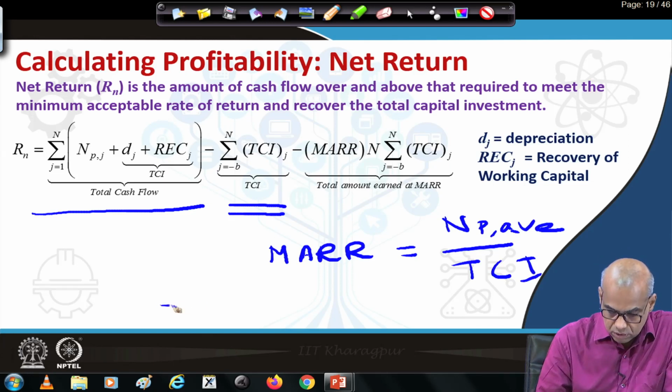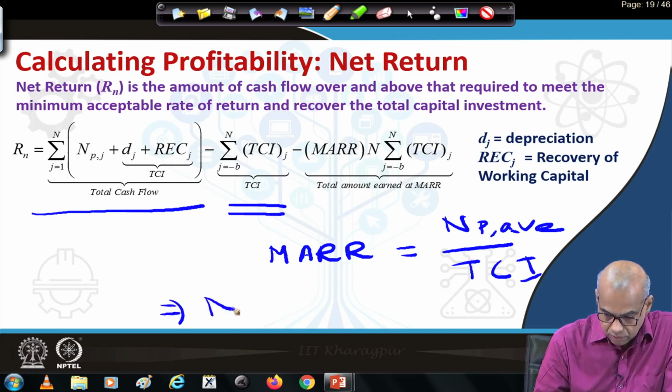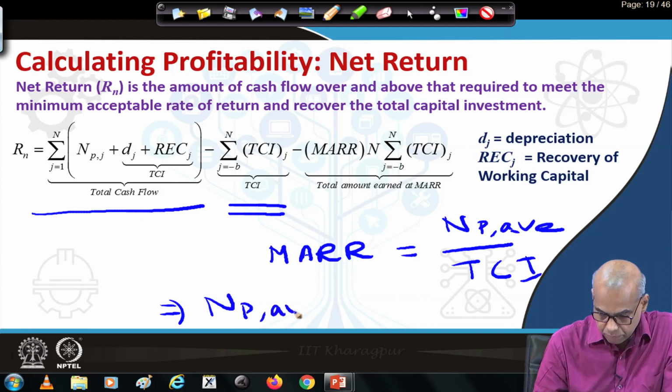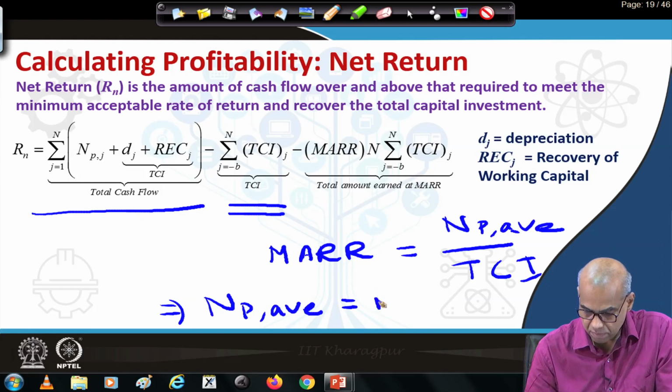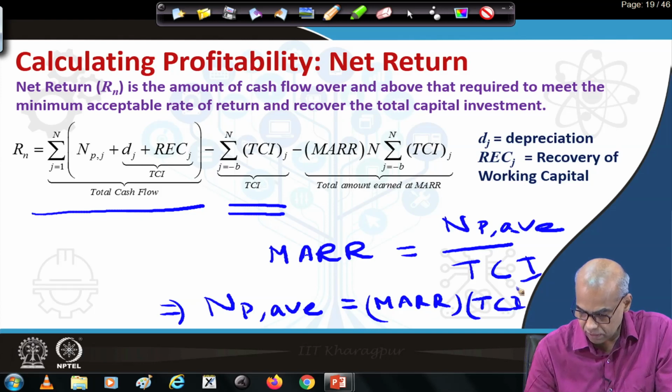So, average net profit is the minimum acceptable rate of return multiplied by total capital investment.